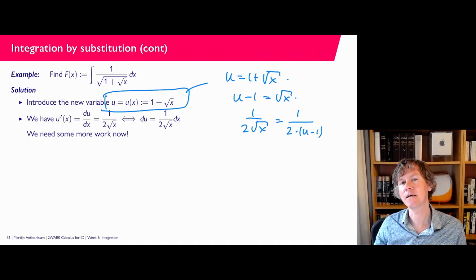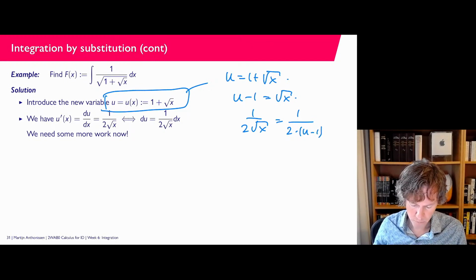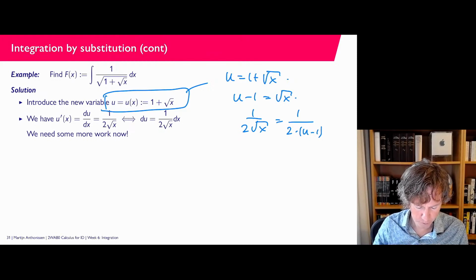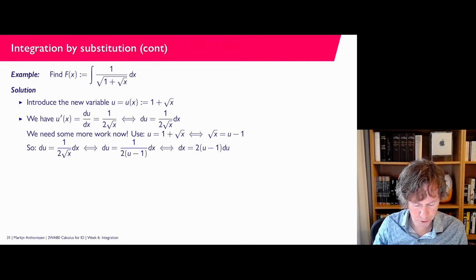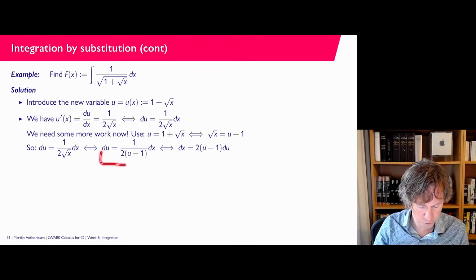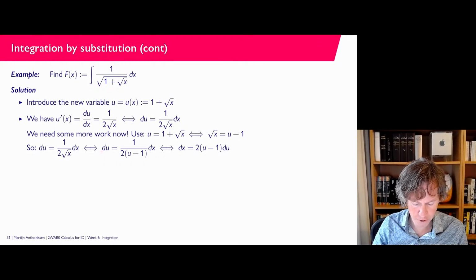And that is the idea here. So try to write that also in u. So what do we have then? So this is what I just did. So du can now be written like this, which means that dx is 2 times u minus 1 du.